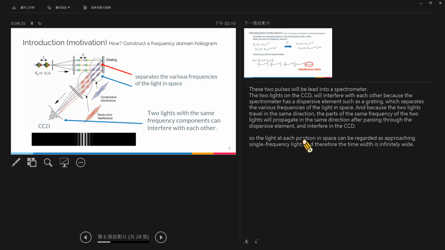This is because a spectrometer has dispersive elements such as a grating, and the grating will separate the various frequencies of the light in space. And because these two pulses propagate in the same direction, the different frequency light which is separated out will also propagate in the same direction, and eventually it will interfere at the CCD.